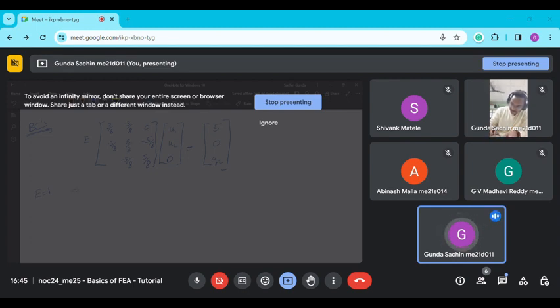Now for the sake of simplicity, let's just take E as 1. Then we will have these equations. 3 by 8 u1 minus 3 by 8 u2 is equals to 5, and in this case minus 3 by 8 u1 plus u2 is equals to 0.